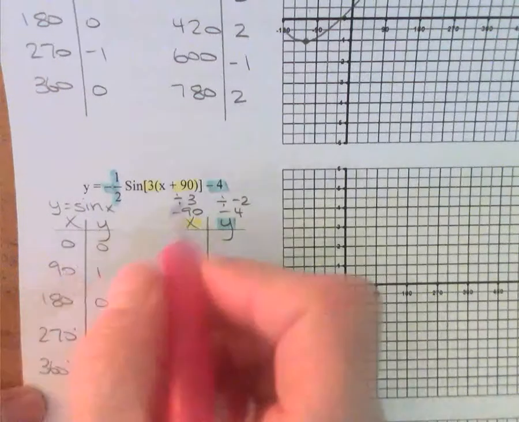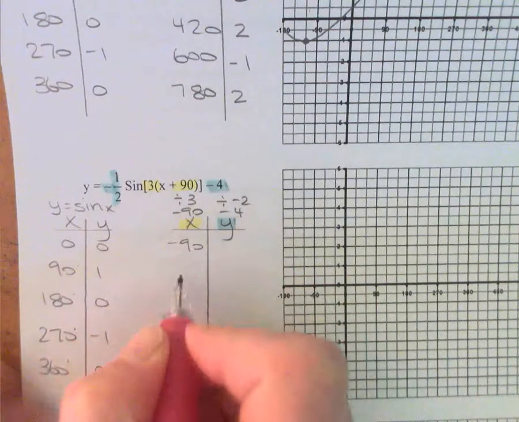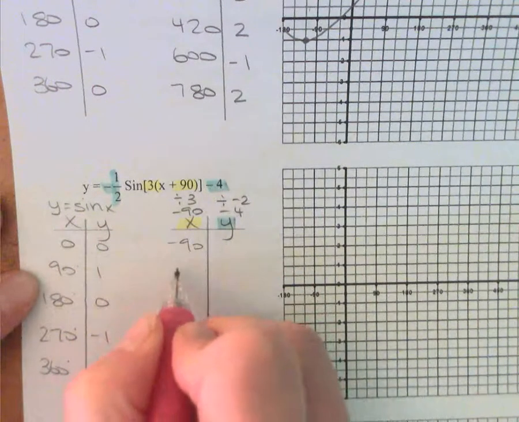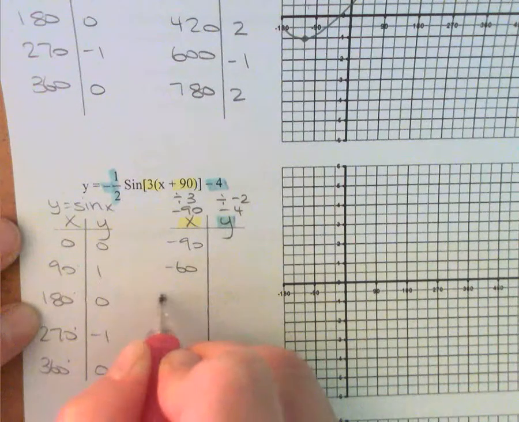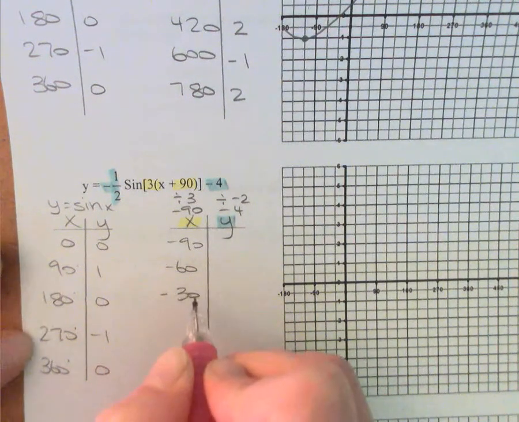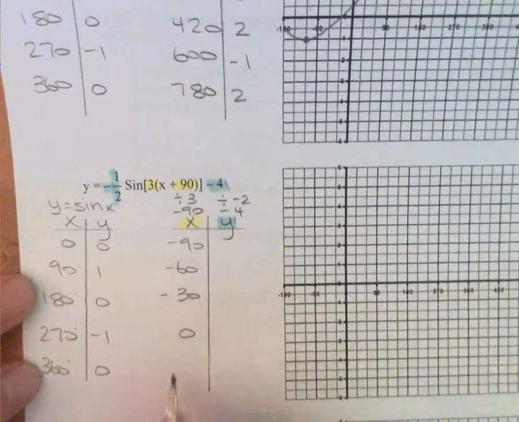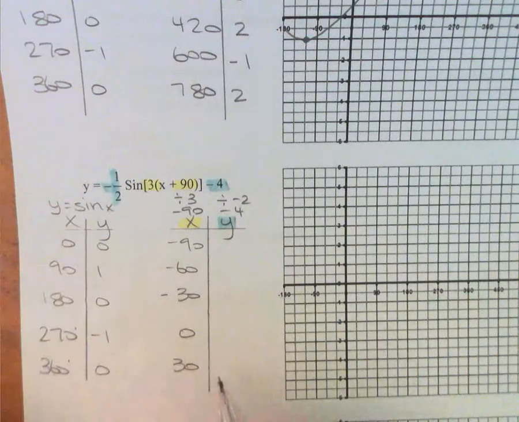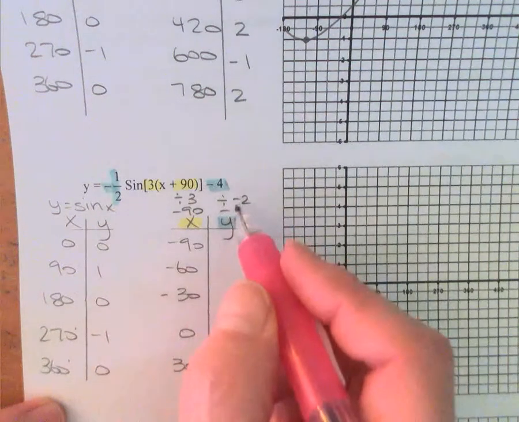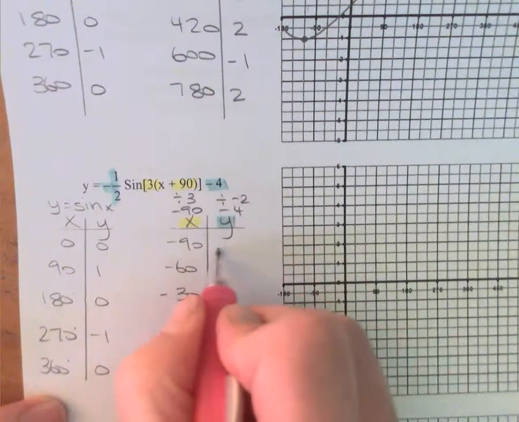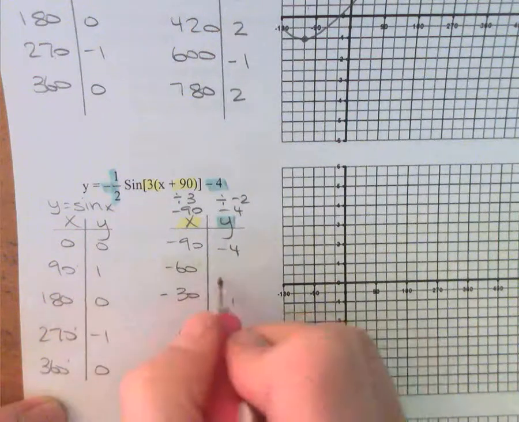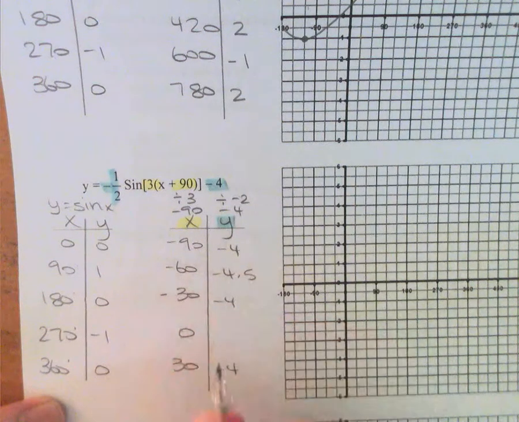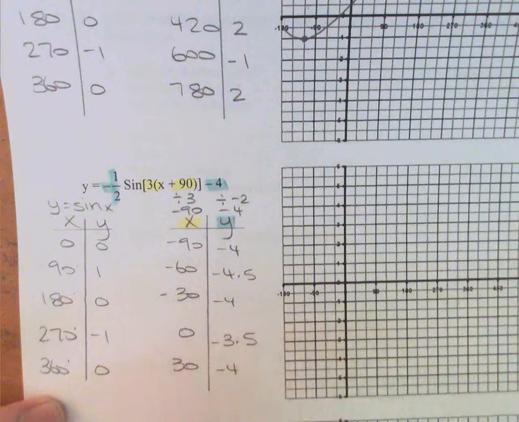So if I do that to 0, I get -90, -60, -30, 0, and 30. If I apply these transformations to y, all my zeros will become -4. This becomes -4.5 and -3.5.